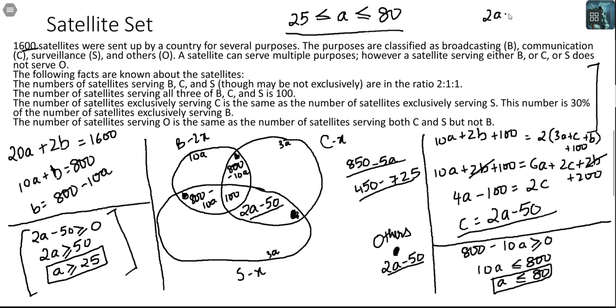Now we've been told 2a minus 50 is greater than or equal to 100, or 2a is greater than or equal to 150, or a is greater than or equal to 75. Our lower limit for a has been redefined. Now for this question only, a can range from 75 to 80.